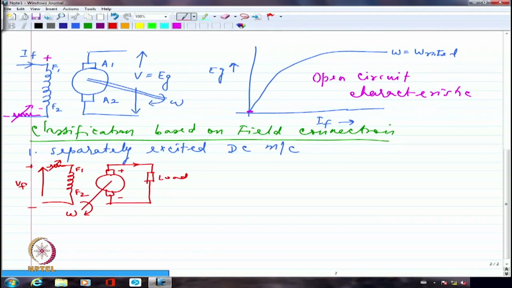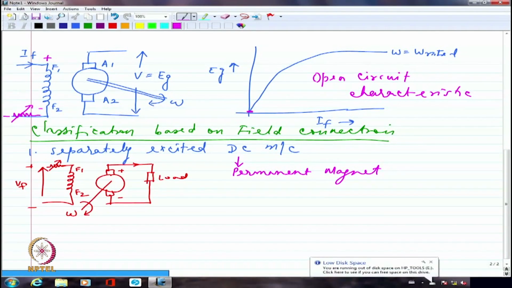Instead of having a separate excitation, I can also have permanent magnet, which means I don't have to give any electricity for the field circuit. I can simply have magnets, which are permanent magnets, like the normal magnets what we see naturally existing. So I will have the North Pole and South Pole, which are in the form of permanent magnet, but I can't vary this excitation.